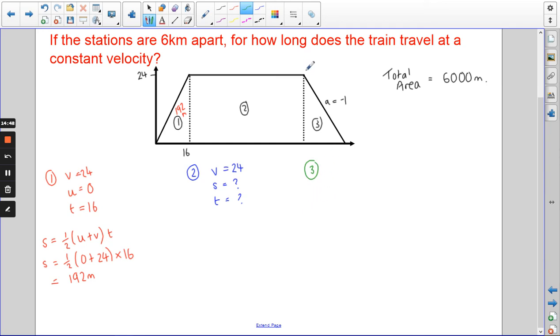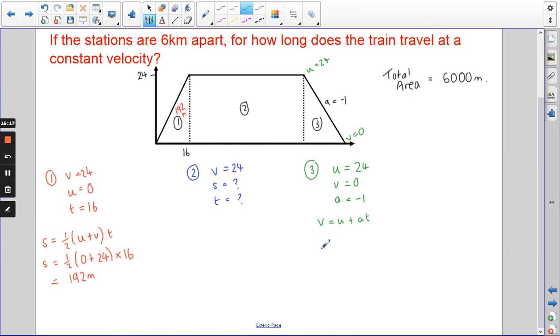We know quite a lot about section 3. We know that u is 24. We know that v is 0. We know that a is -1. That's 3 things. That's enough to get us going. So u equals 24, v equals 0, a equals -1. Using v equals u plus at, I can find t.